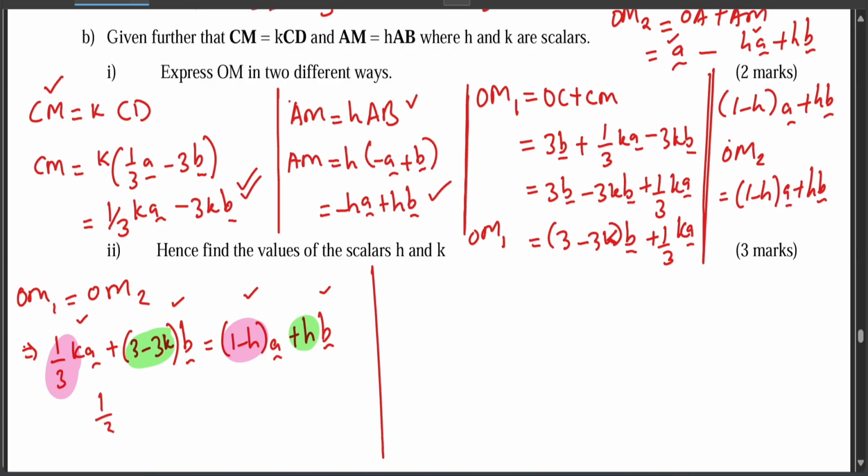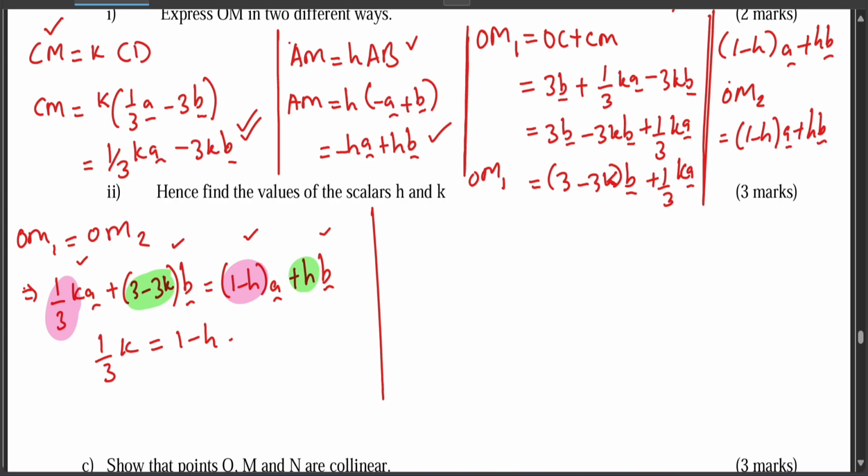So a third K will be equal to 1 minus H. And 3 minus 3K will be equal to H. So this is equation 1, this is equation 2. Now I'll use equation 2 to substitute.